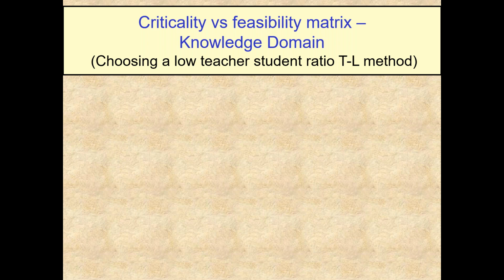So what is called the criticality versus feasibility matrix? This criticality feasibility matrix is there for the knowledge domain as well as for the skills domain. The knowledge domain is more important for us. So what is this all about?